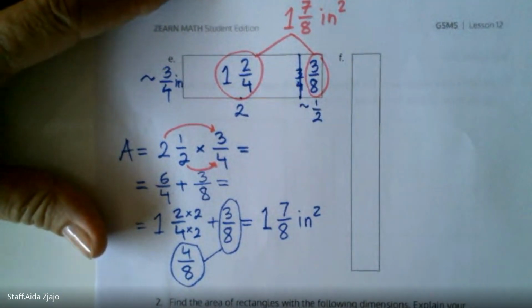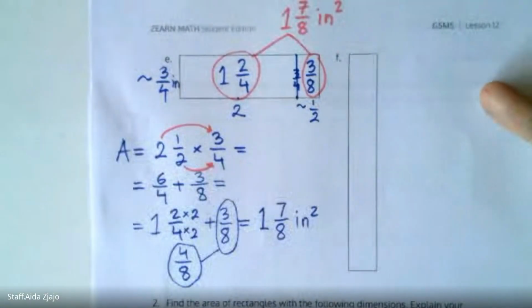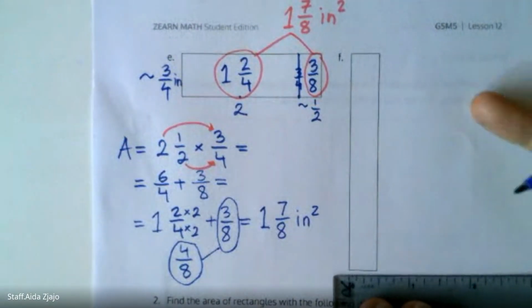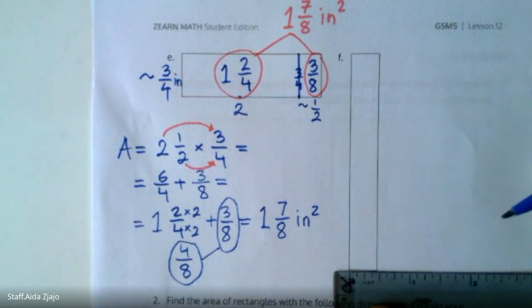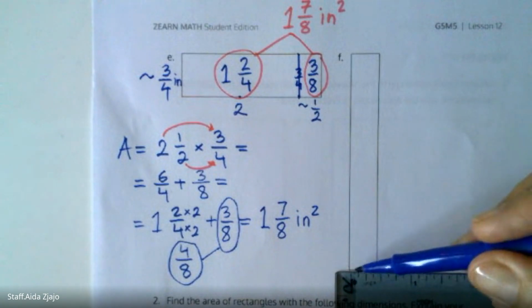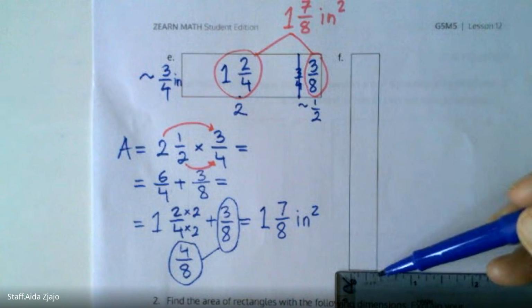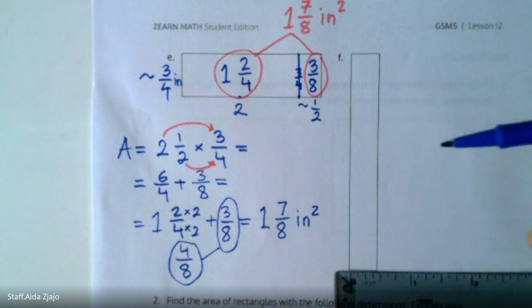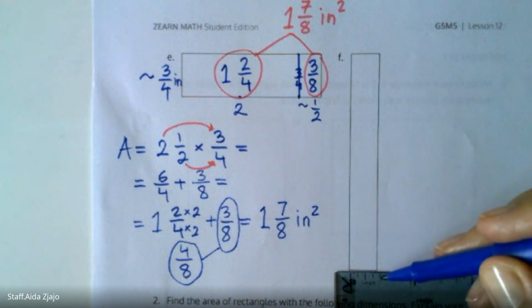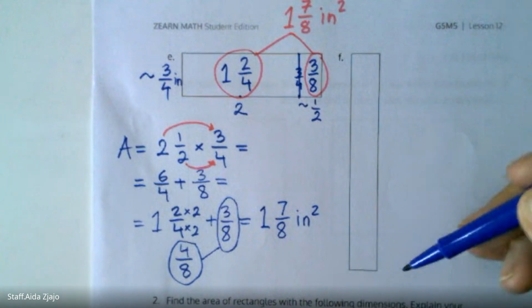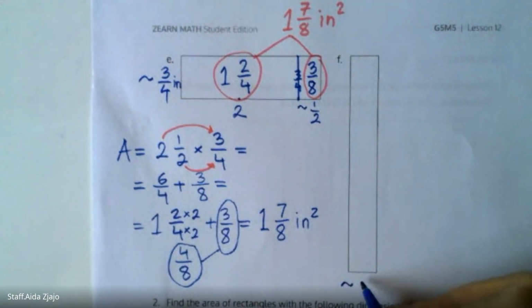So now let's see what they have here. The F, it looks like it's very close to 1/2 inch. So it's a 3/8, 1, 2, 3, almost 4/8, which is almost half. So we will say that this is about 1/2 inch.